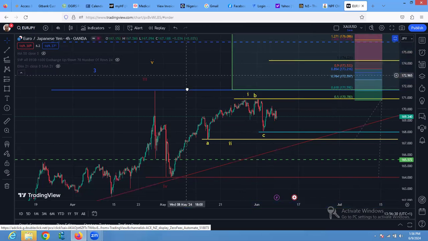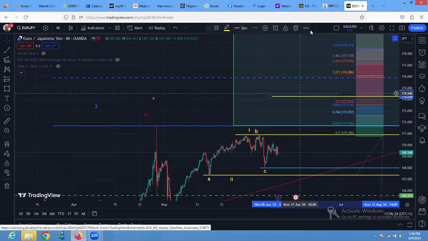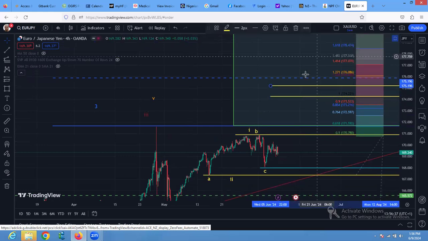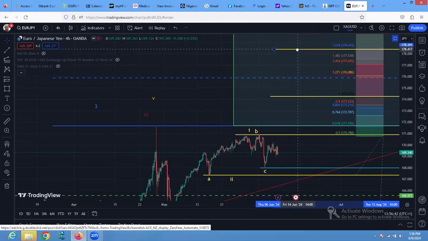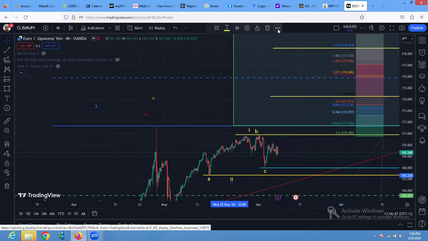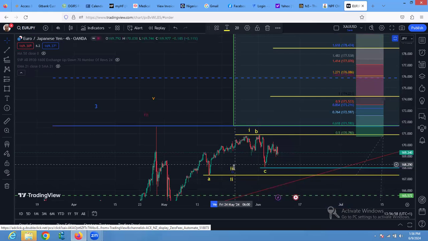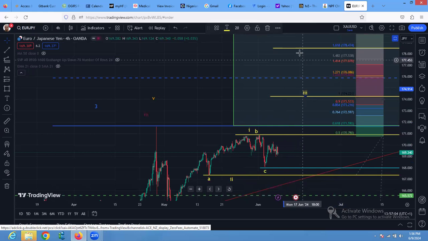Then the 161.8 limit of this wave is around this area, but it doesn't have to get there. So we are saying that wave 3 would at least get us to this point, and most likely it will do that. It won't get back down. Most likely it will get here. It may cross to this point.